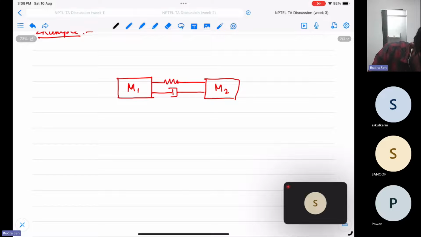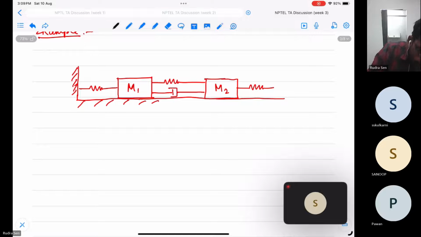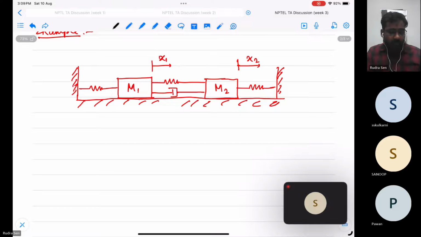Here is a spring, there is another spring over here, and this is attached to something. This is x1 and this is x2.